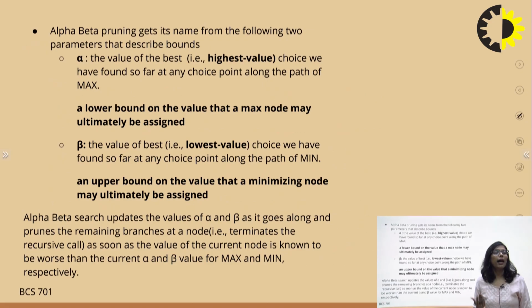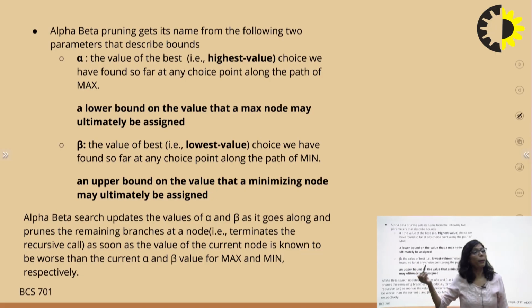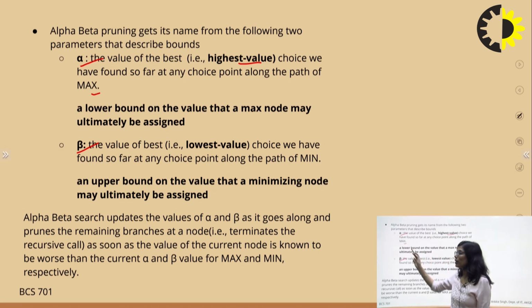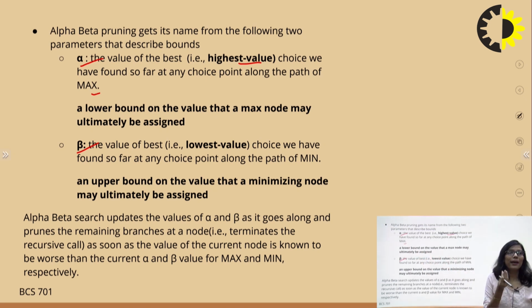For that, it has two parameters. It has created two more parameters, that is alpha and beta. So alpha beta pruning gets its name from these two parameters, and alpha is the highest value, or we can say the best choice, that we have found for our max node. So alpha is the best choice we have found so far for the max node, whereas beta is the best choice we have found so far for the min node, right?